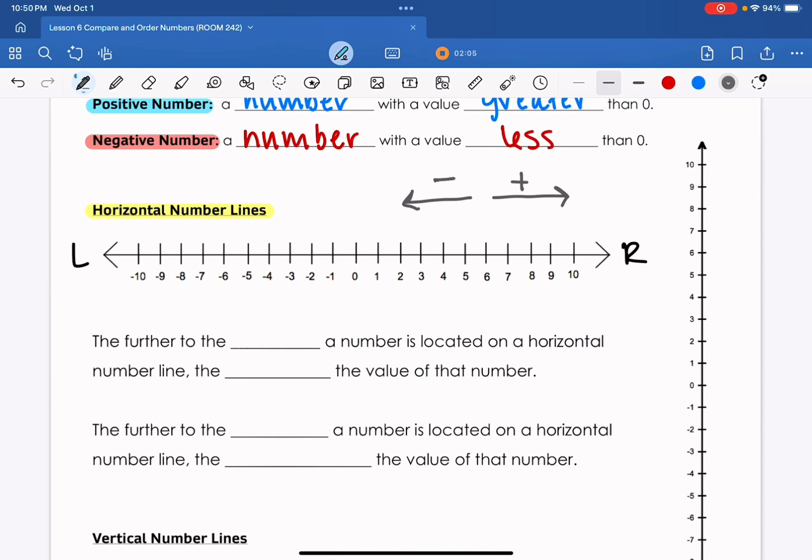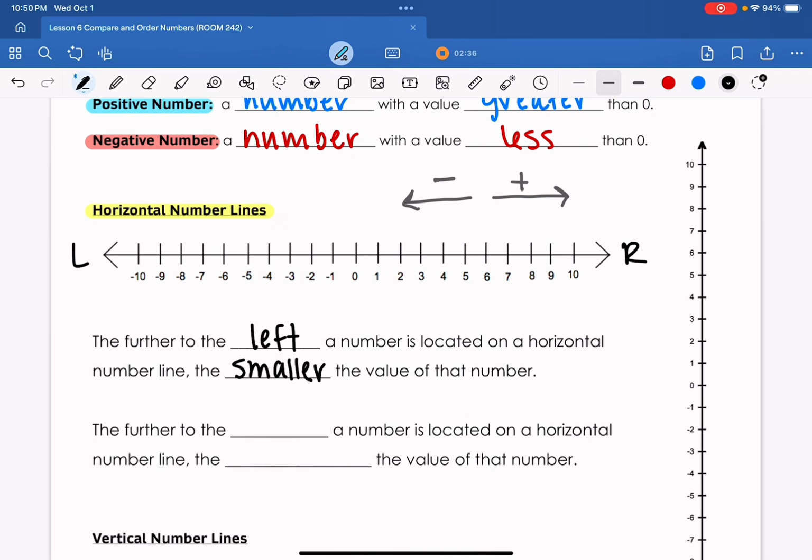So the further to the left a number is, the smaller the value of that number is. So we'll read the sentence together. The further to the left a number is located on a horizontal number line, the smaller the value.